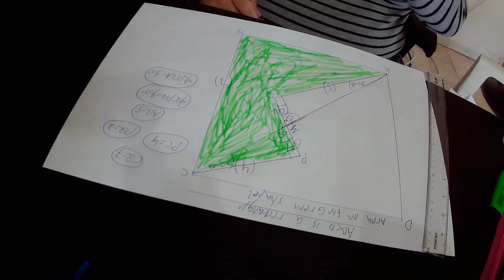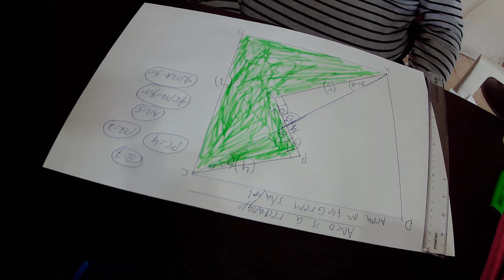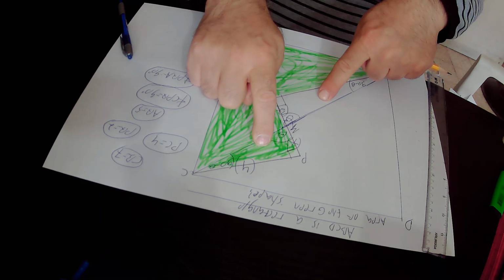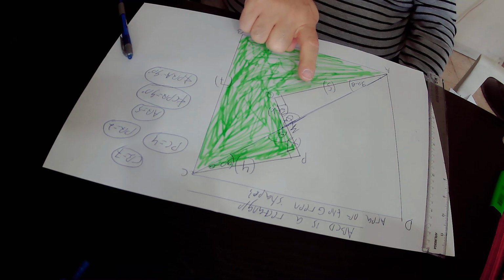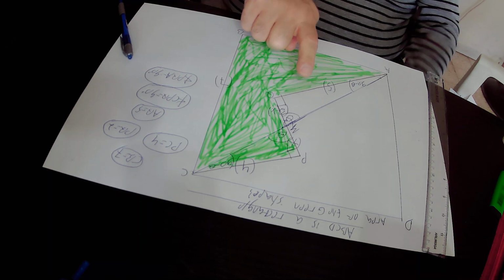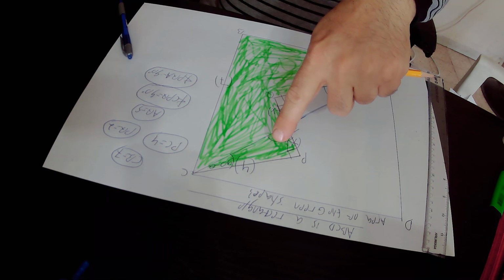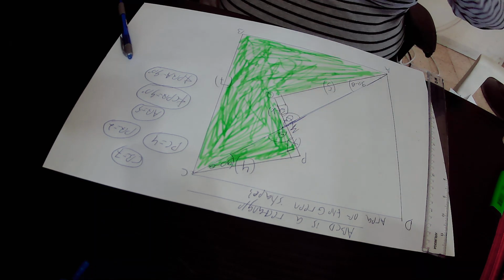In the next step, we'll prove that those two right triangles are similar to each other. That is to say, we prove that this right triangle MQA is similar to this small green right triangle CPM.